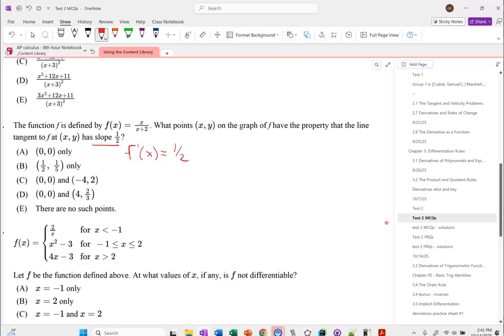What's the quotient rule again? The bottom times the derivative of the top, minus the top times the derivative of the bottom, over the bottom squared, right?